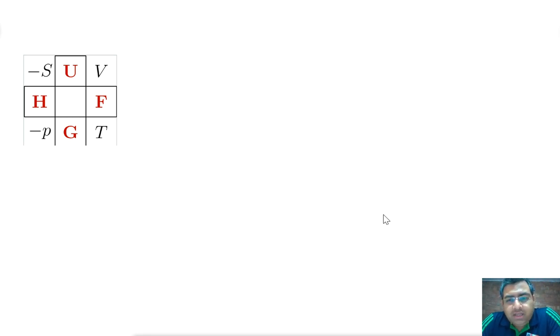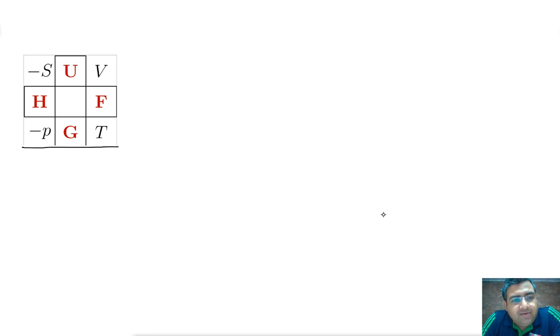On your screen, you can see very clearly that we have taken a square, and in this square, we have taken some properties. On the top we have S, U, V, where S has a negative sign.